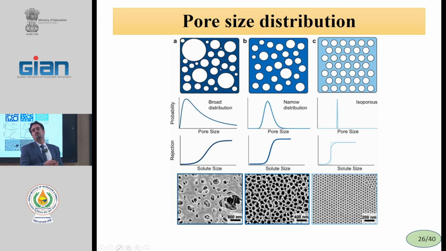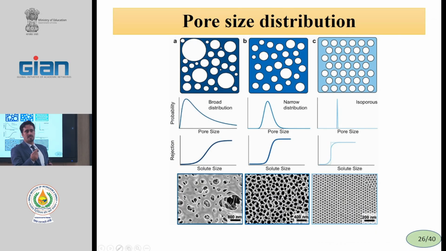When we have a bigger pore next to a small pore, the small pore can be filled with foulant and blocked. When the pores are blocked, we cannot recover them in cleaning or washing, and the membrane will be destroyed in a very short time.